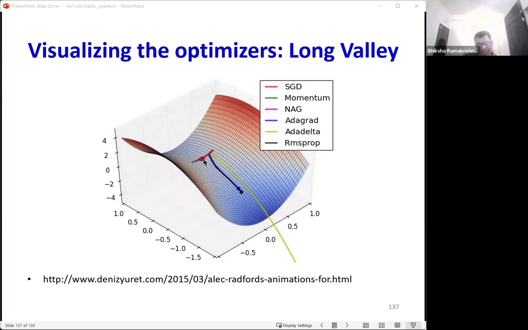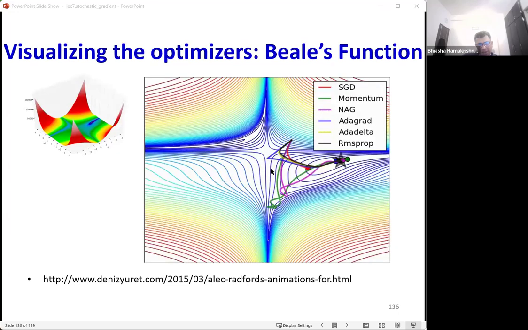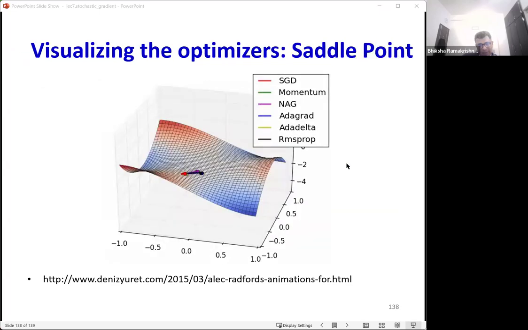And you can see that SGD, for example, simply gets stuck in a saddle point, whereas all of the other methods manage to escape from it. And in particular, you always find that Nesterov's accelerated gradient and momentum, regardless of the function, tend to approach the optimum pretty quickly. Here's another one, right? SGD gets stuck. The rest of them go down.